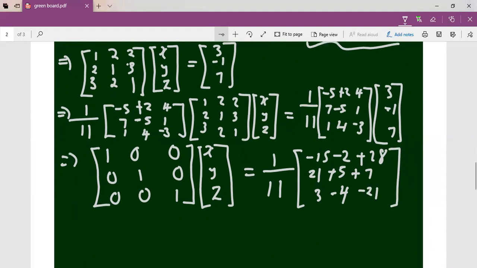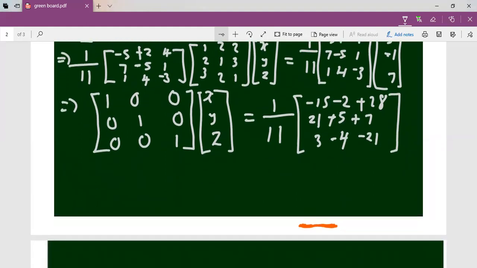Good. Now, when you multiply a matrix by an identity, the answer will always be the matrix. So in this case, the answer will be this matrix, which is X, Y, and Z. This was 1/11.